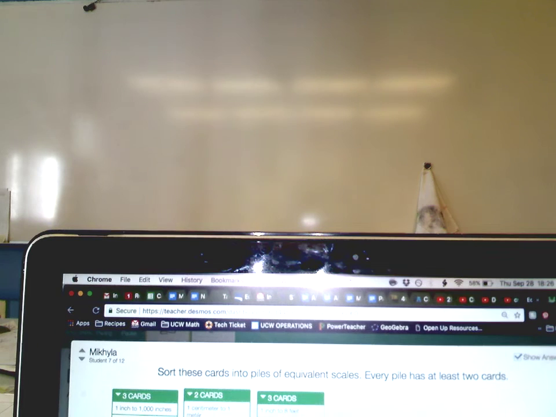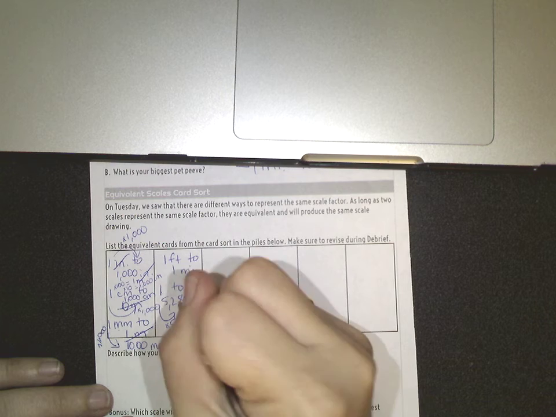So that's 1. Let's do 1 foot to 1 mile and 1 to 5,280. So 1 to 5,280, we have a scale factor of 5,280 because 1 times 5,280 equals 5,280. 1 foot to 1 mile, we need to get them to the same units.